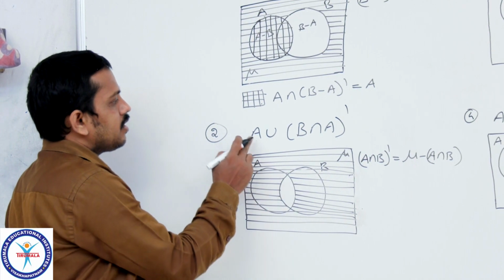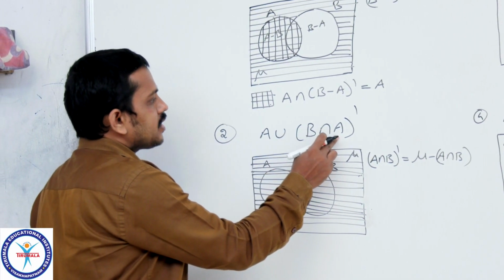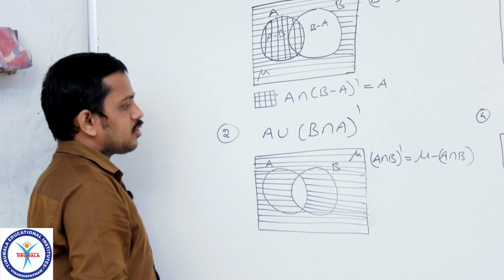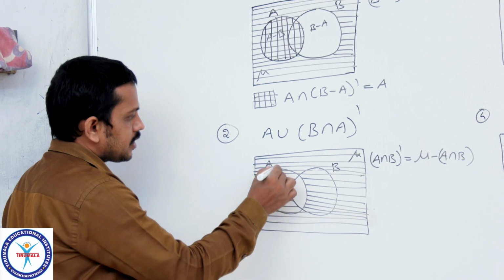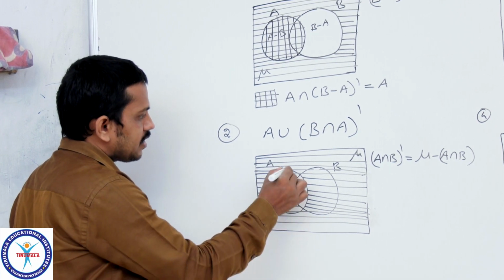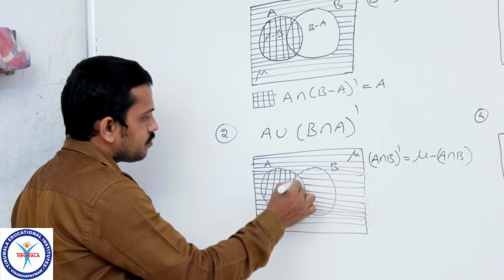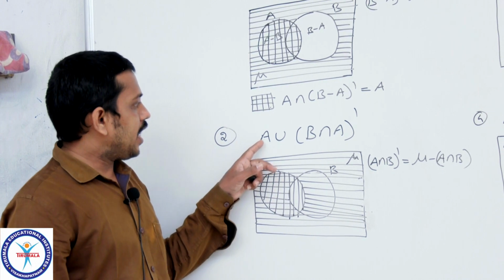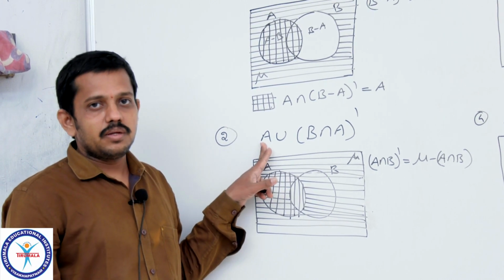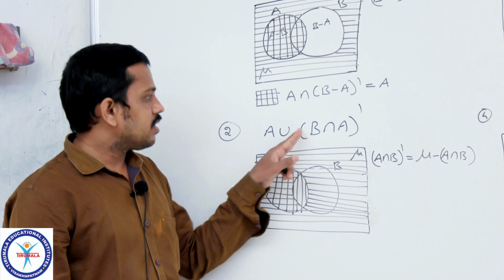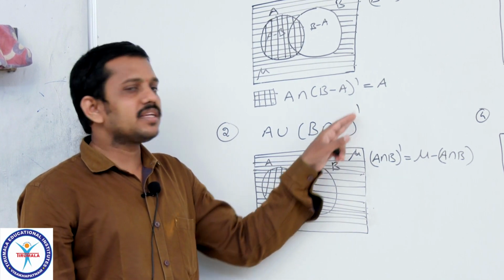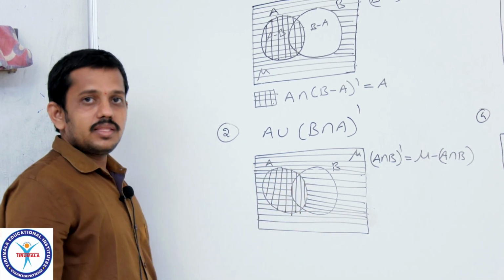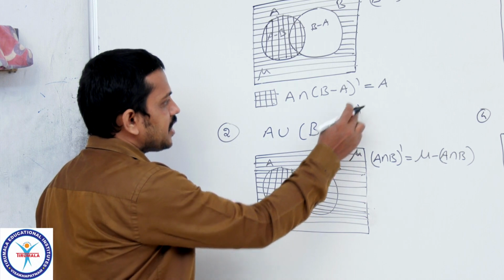Now, here what do we require? A union (B intersection A) dash, meaning we have to join the set A also. Here, what is set A? This is set A. We will join the region A also. A union means the region belonging to either A or to B intersection A complement.